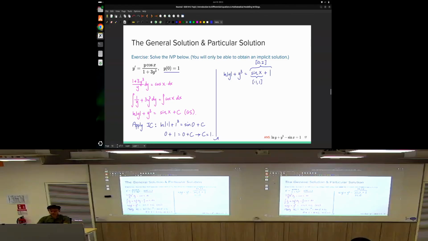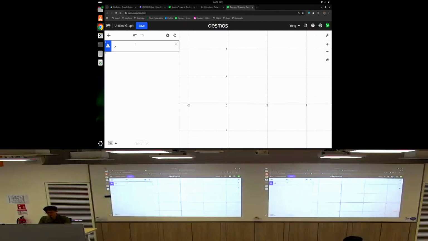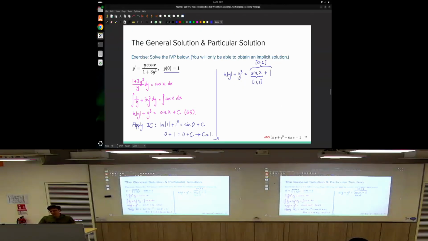You can check: if you plot x cubed and ln x, you will see that the cubed graph is always above the ln graph. Which means this y cubed cannot be negative. So when you have negative y, this y cubed will be negative. Can? So therefore, this must be positive.